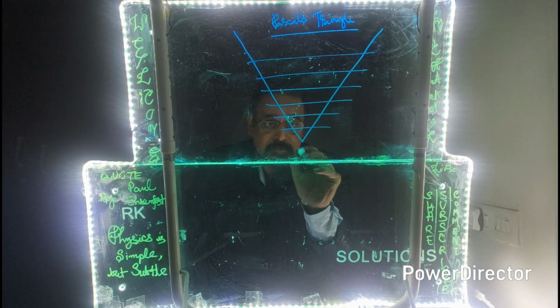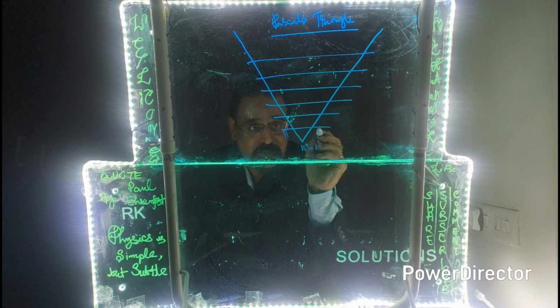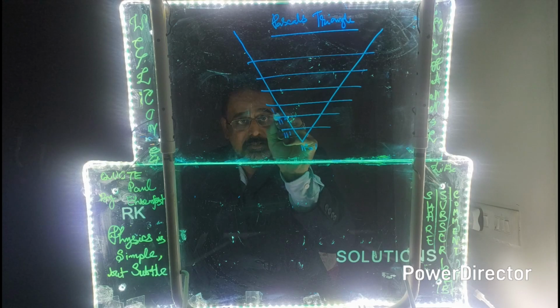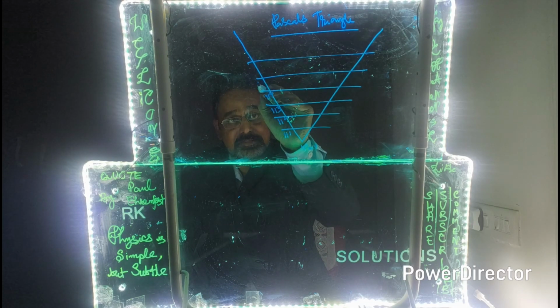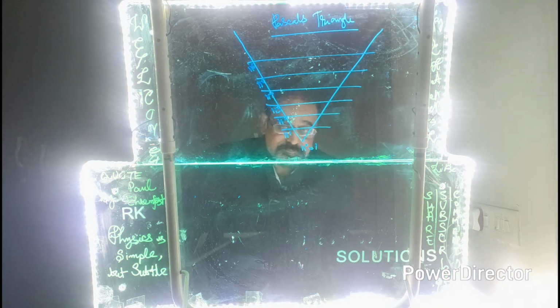This is 11 raised to 0 equal to 1. This is 11 raised to 1. This is 11 square, 11 cube, 11 raised to 4, 11 raised to 5, 11 raised to 6.